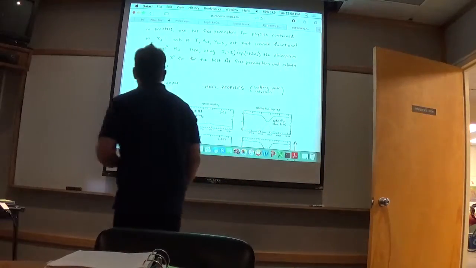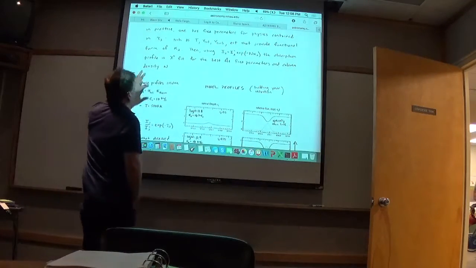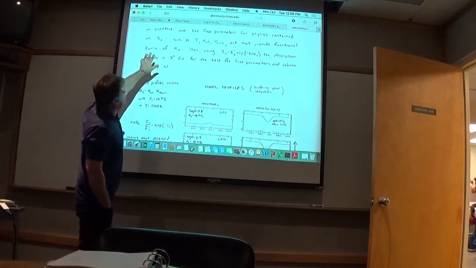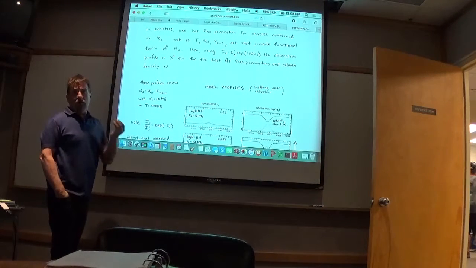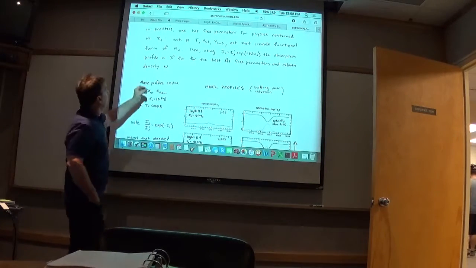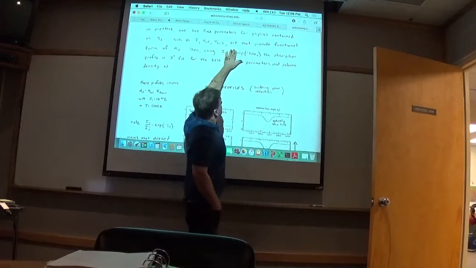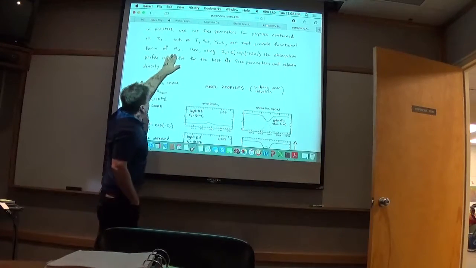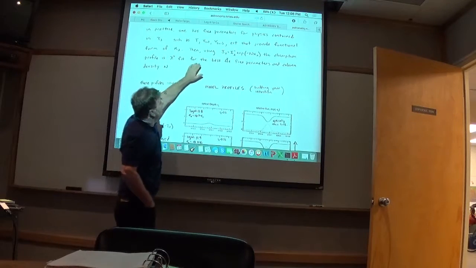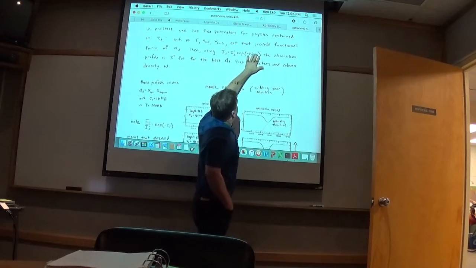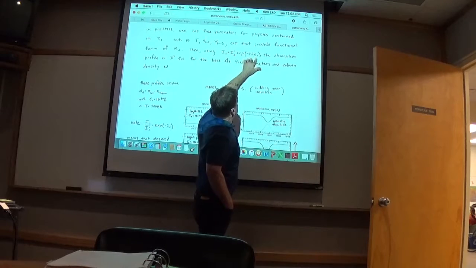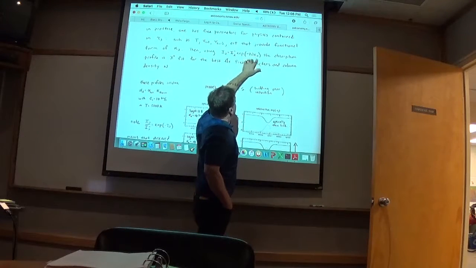All right. In practice, one has a lot of free parameters in the physics. That is, again, the temperature, the rotation, the turbulence velocity, etc. To get all of this cross-section information, then using n times alpha, if you know all the physics that goes into it, you get this as a function of wavelength.